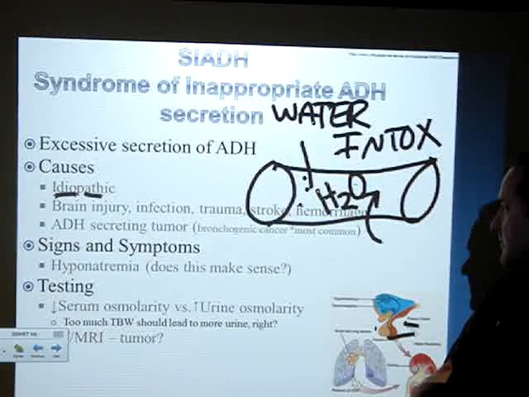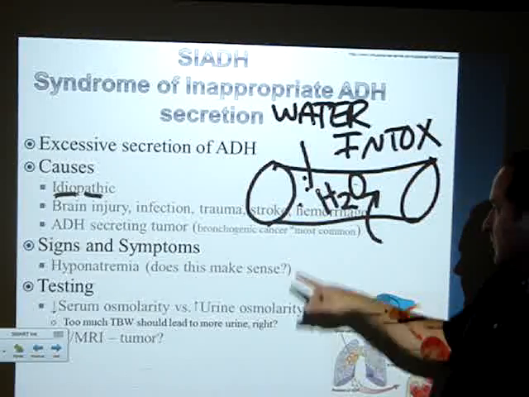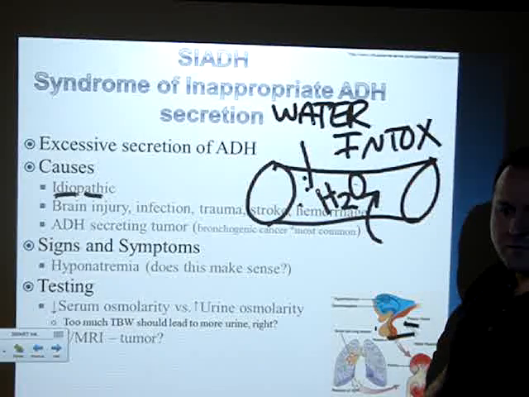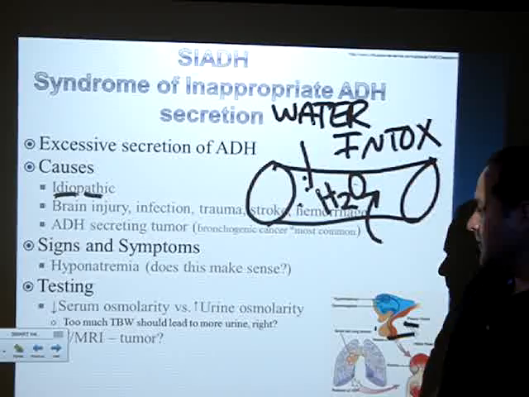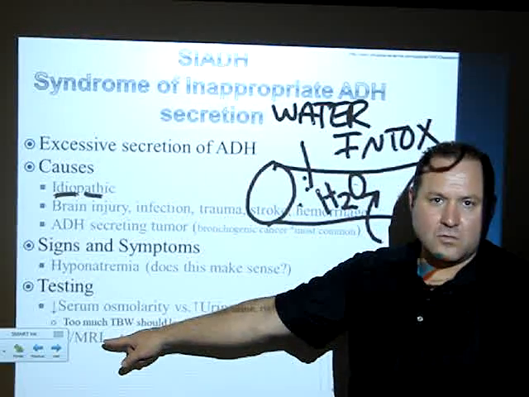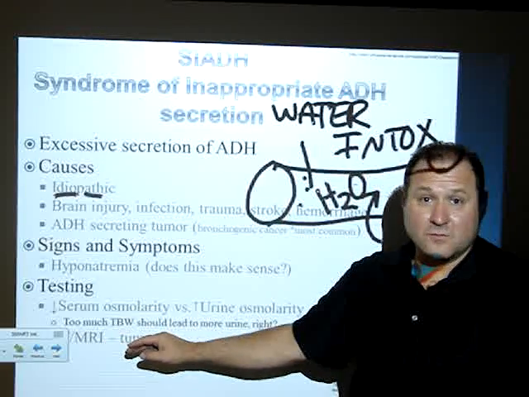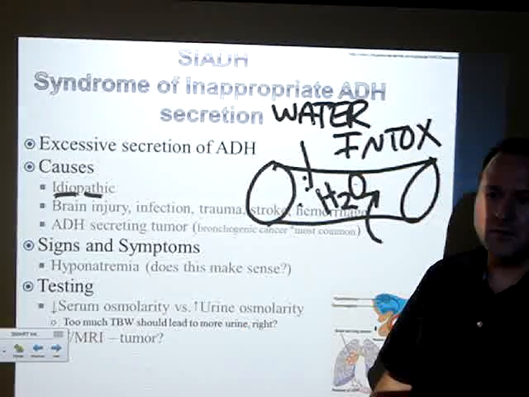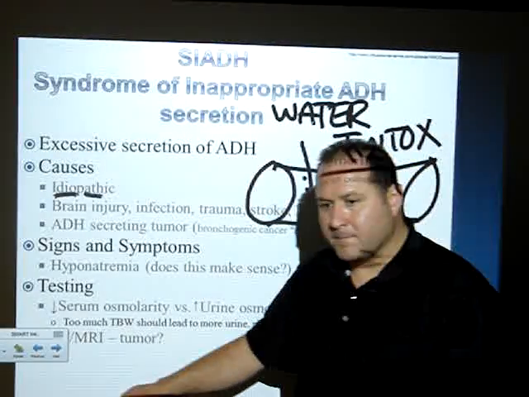So you got a lot of stuff in your urine, but you don't have a lot of stuff in your cells. Makes total sense, right? Okay. Maybe you can do a CT or an MRI to look at maybe there's a tumor. That's another way to test to see maybe there's a tumor in the brain or in the kidney or wherever that might be. Okay.